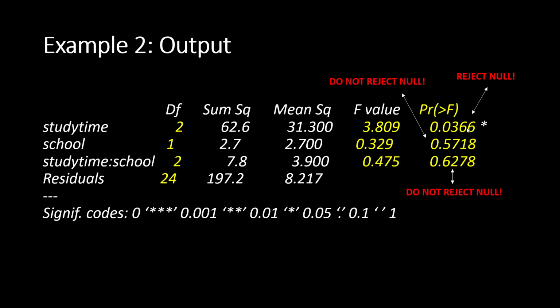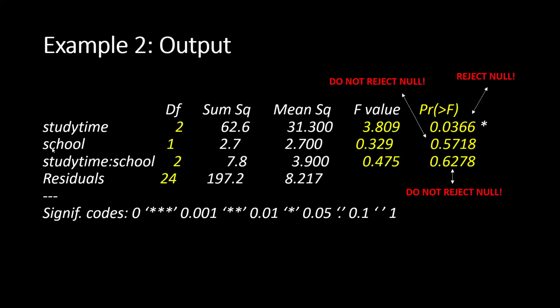So we are going to reject the first null hypothesis. We'll be rejecting this on the premise that we have an alpha value of 0.05. So in this case, our p-value to two significant figures is 0.04, which is lower than our alpha value of 0.05. So we reject the null hypothesis as it relates to study time.